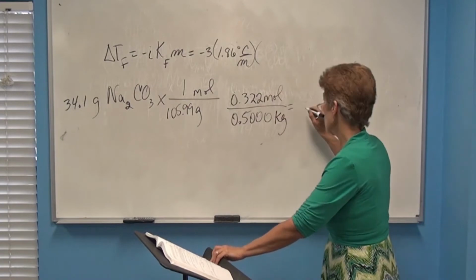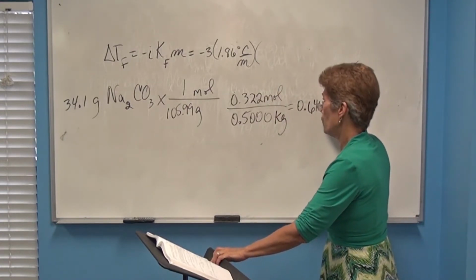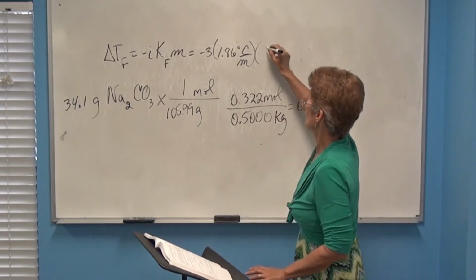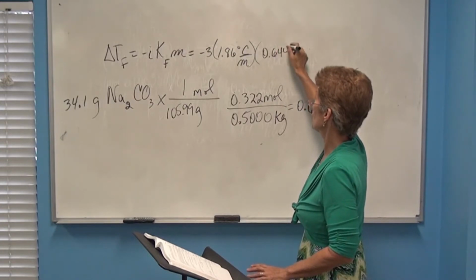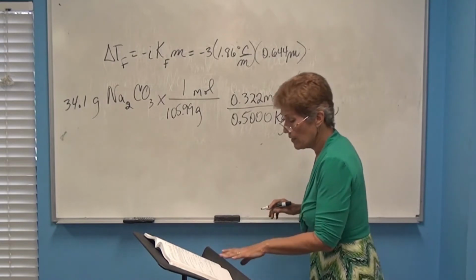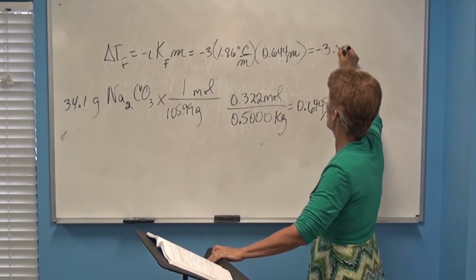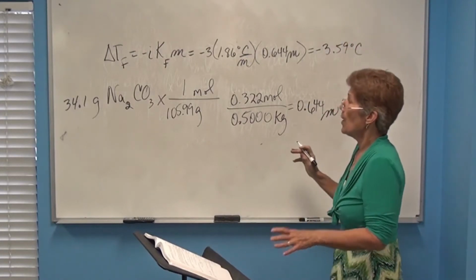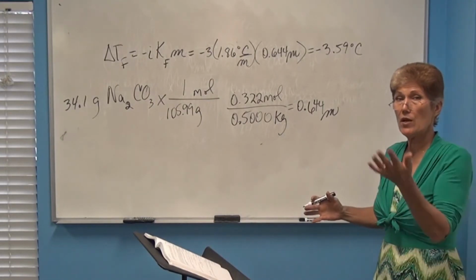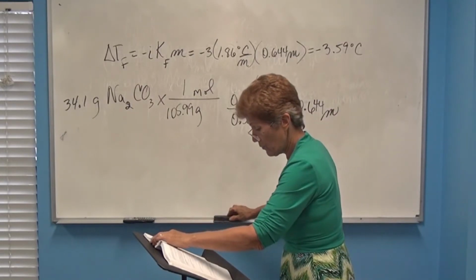Our molality is 0.644 mole. And so keeping our 3 significant figures, our answer would come out at negative 3.59 degrees Celsius. So because we're working with water, that is the answer, because water's freezing point is 0, so that's already taken away from the freezing point. So that would be your answer.